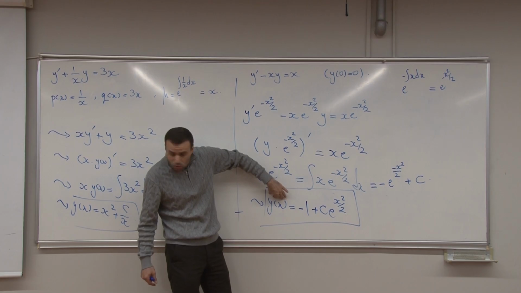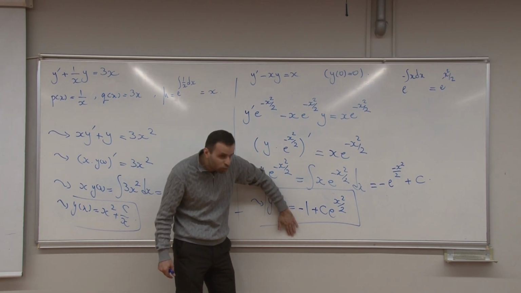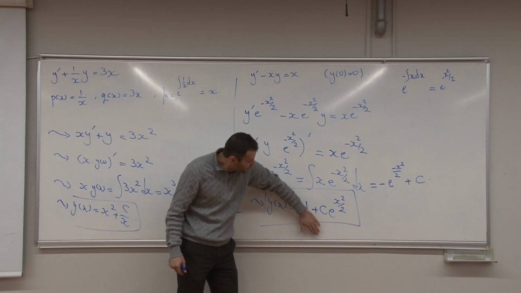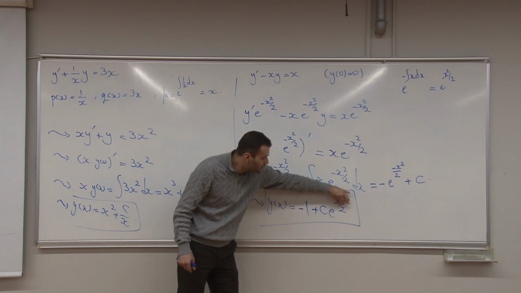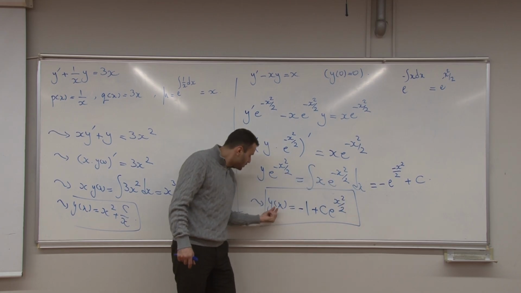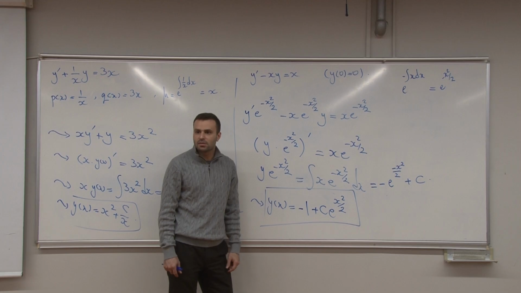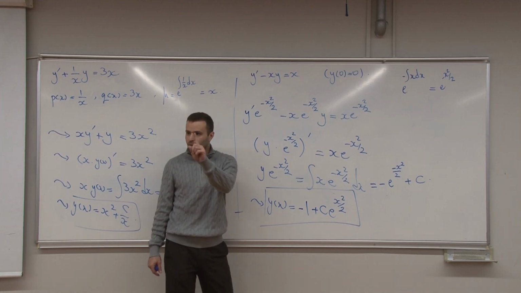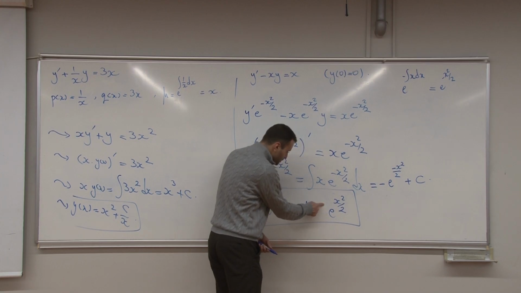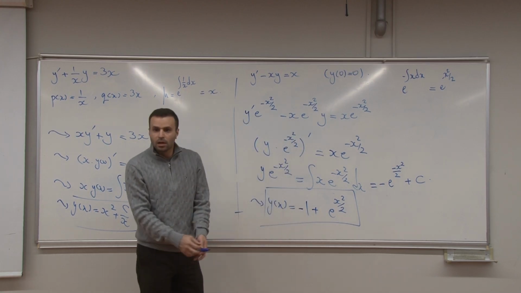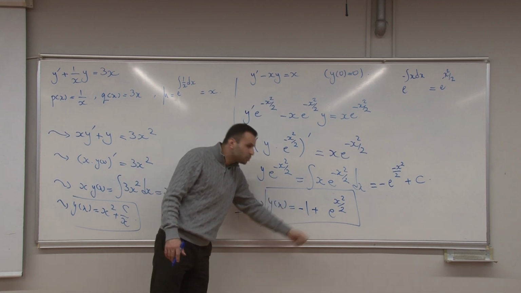The left hand side is going to be y of 0, which is given as 0. 0 equal to minus 1 plus c, right? Because e to the power of 0 is also 1. So 0 is equal to minus 1 plus c. From there, what is our c? c is equal to 1, right? Now that I know the value of c, I just replace it, and the solution for this initial value problem is going to be this.